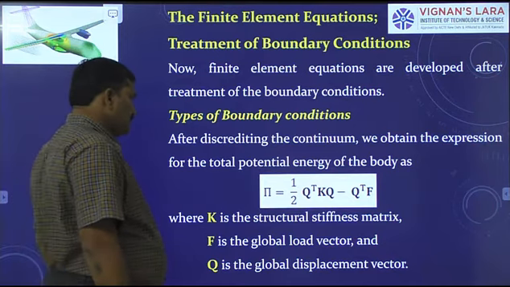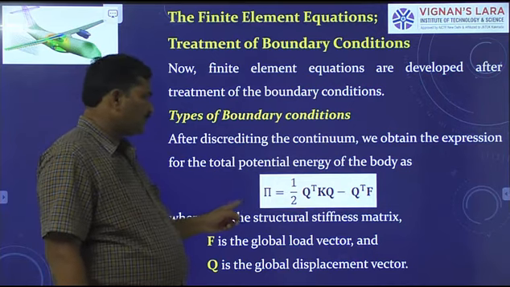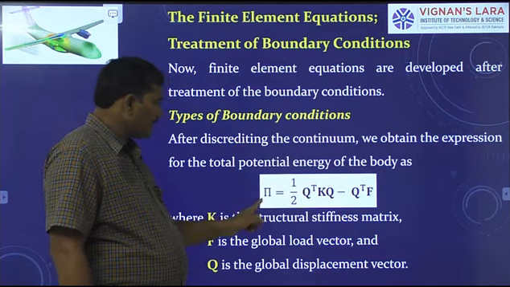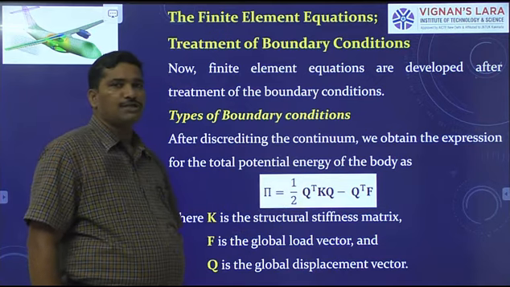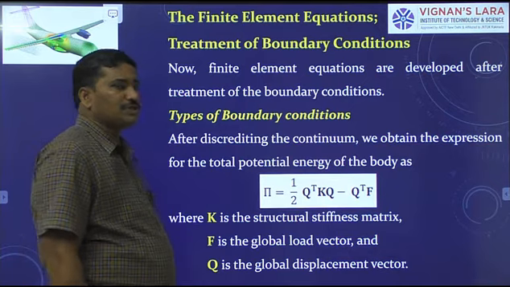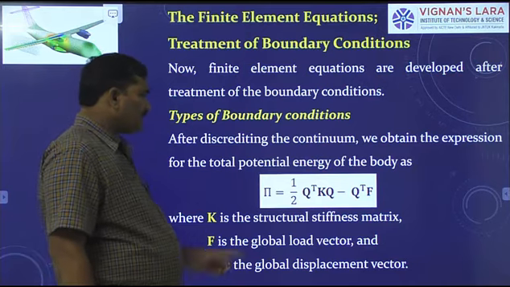We know that the total potential energy of the elastic solid is expressed in the form of pi equal to half q transpose k q minus q transpose into f. Here, what is q?